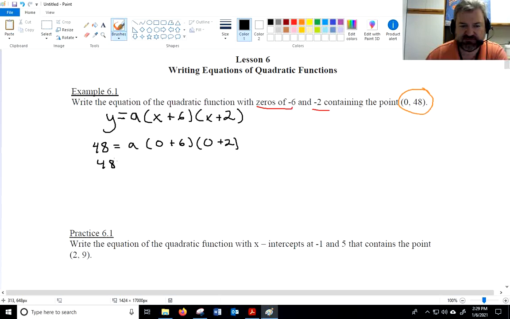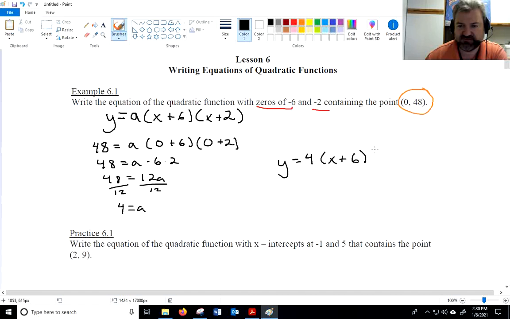This is 48 is equal to a times 6 times 2, which is 12a. 48 divided by 12 is 4. So our equation then is y is equal to 4 times (x plus 6) times (x plus 2). And that's it.